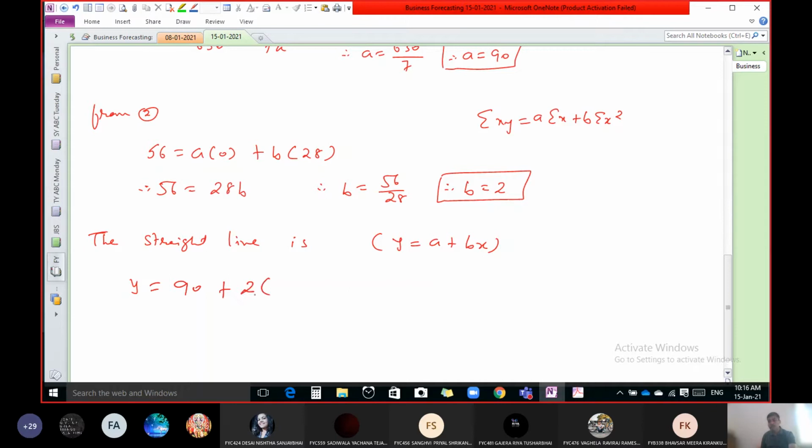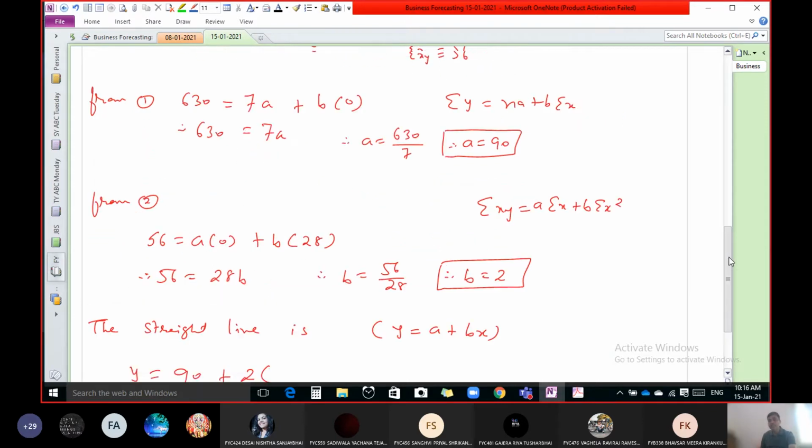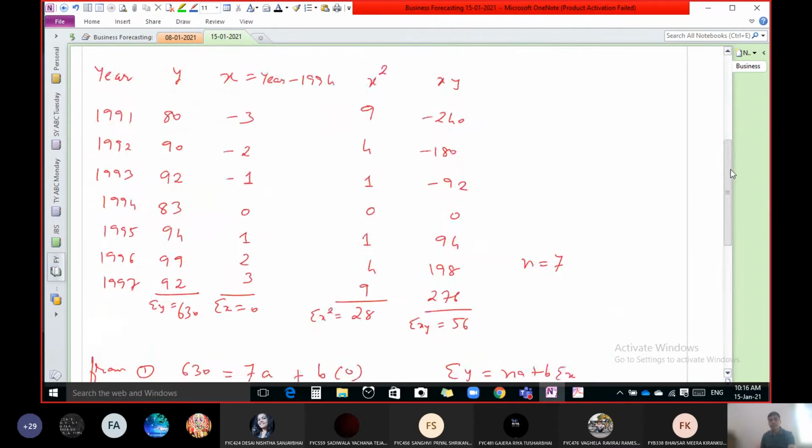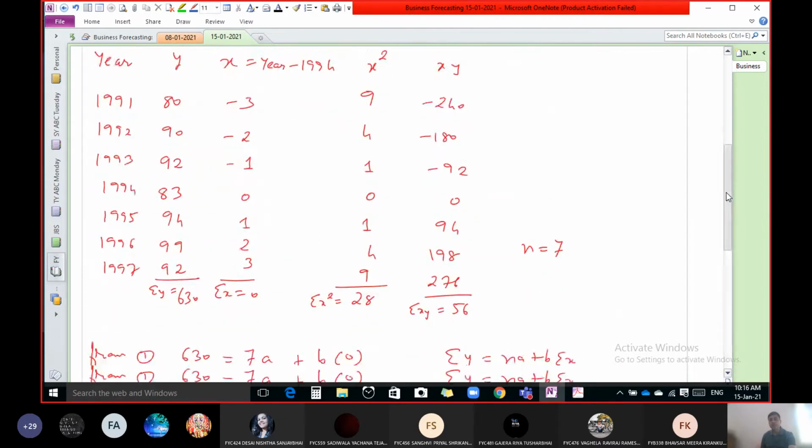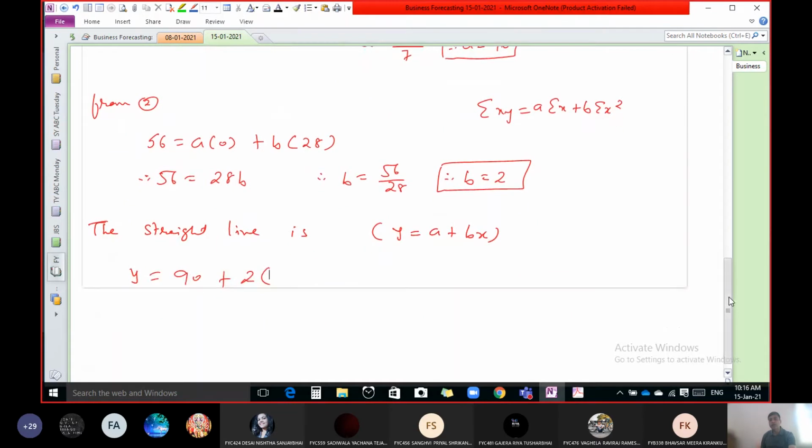But here x is not simple x, it is nothing but year minus 1994. So in place of x you have to write year minus 1994. So this is the equation of the straight line.